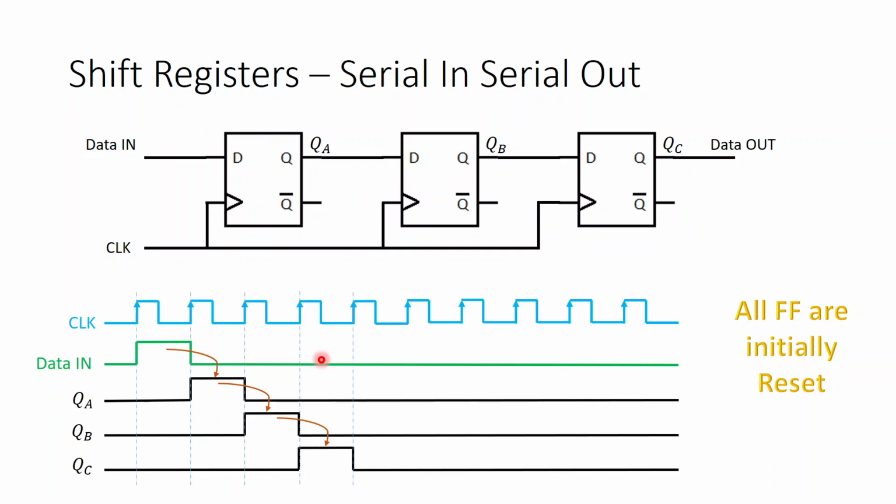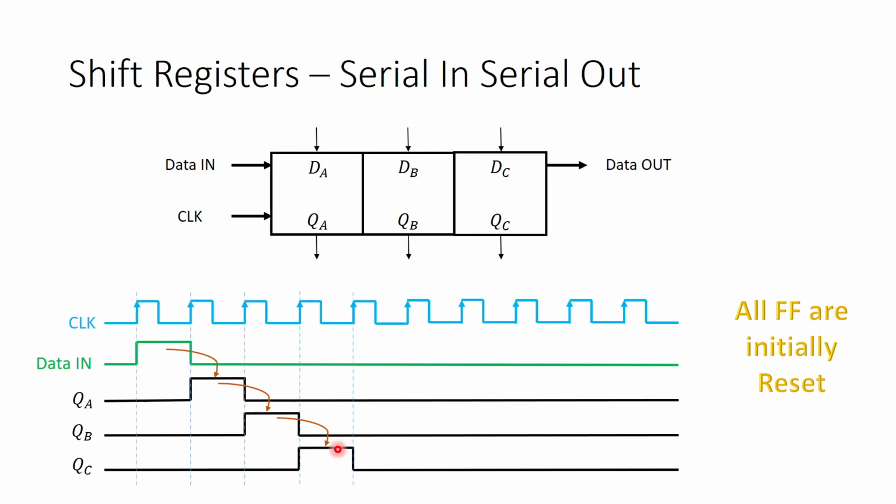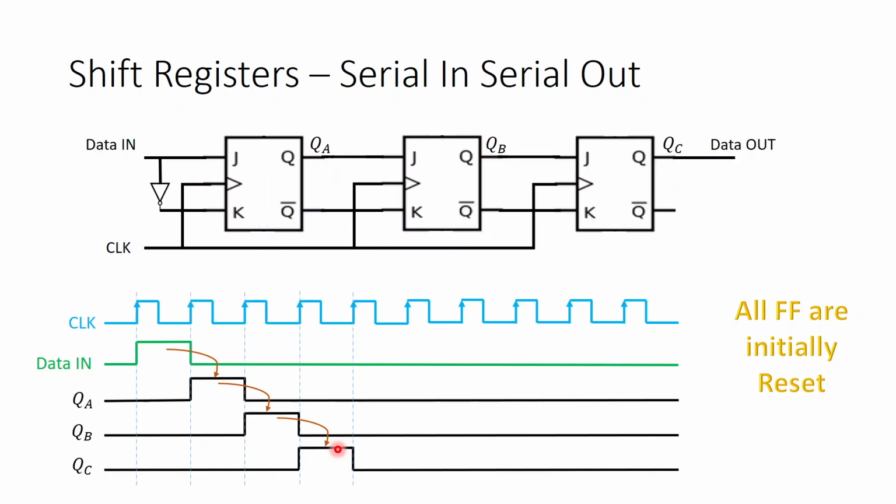So this is the pictorial description. This is how the pulse is basically transmitting itself from one flip-flop to another. Another configuration using the JK flip-flop is shown here, and the block diagram representation of shift registers is also shown, because always the shift register is a series connection like this and the clock is the same for all.